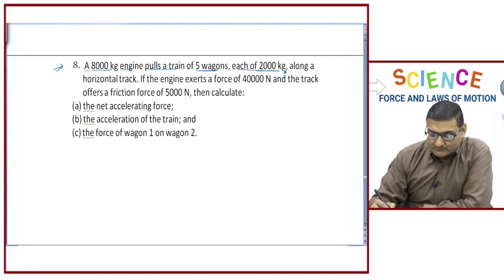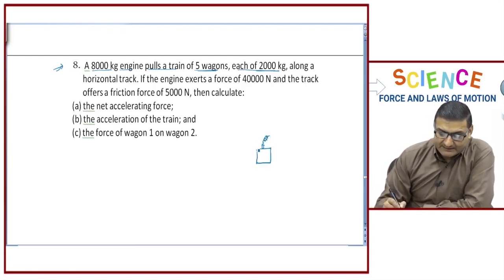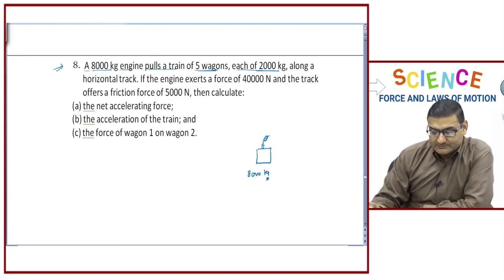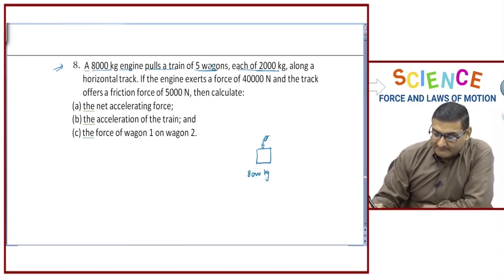Now let us first of all take some representation. This is an engine, right? The mass of the engine is given to be 8,000 kilograms. Now it is pulling a train of 5 wagons.